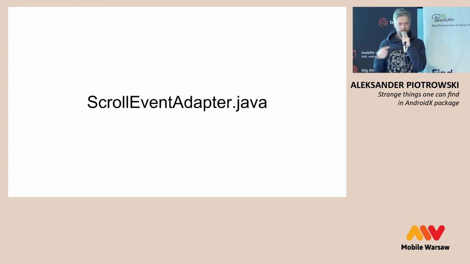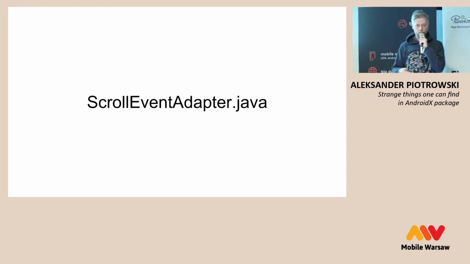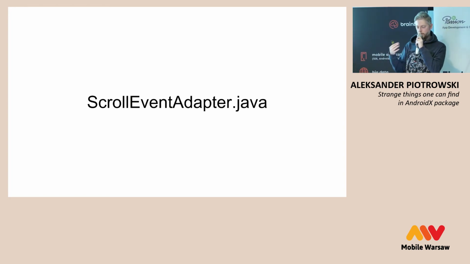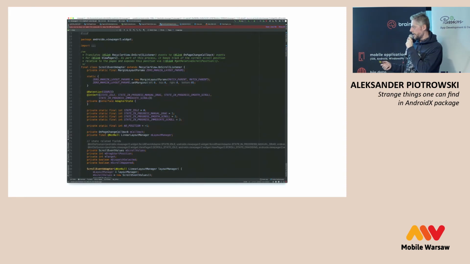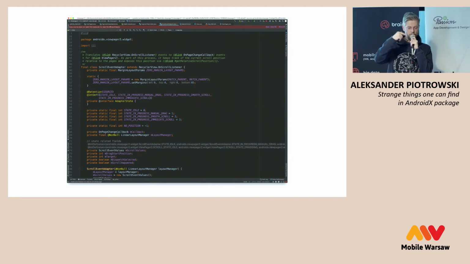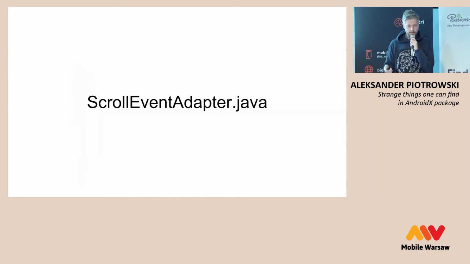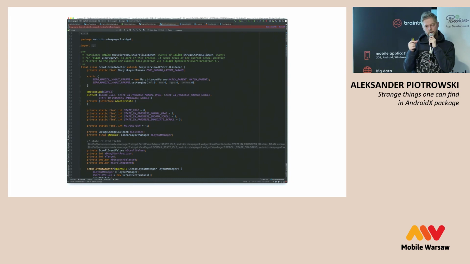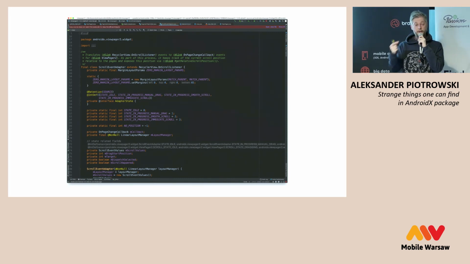And last, an interesting thing, and the biggest class of the whole thing, is the scroll event adapter. I won't even pretend that I understand what it's doing, but the way I see it, it basically converts scrolling events, because when you scroll a RecyclerView, you get a scroll event all the time: I scrolled by 10 lines. And then it's up to this scroll event adapter to translate that to what the current page is.